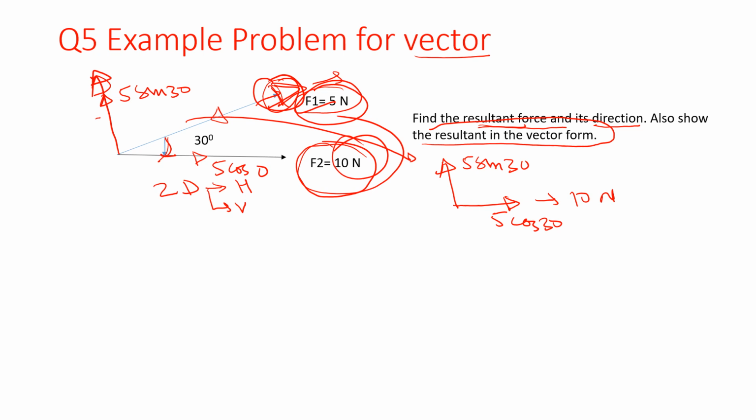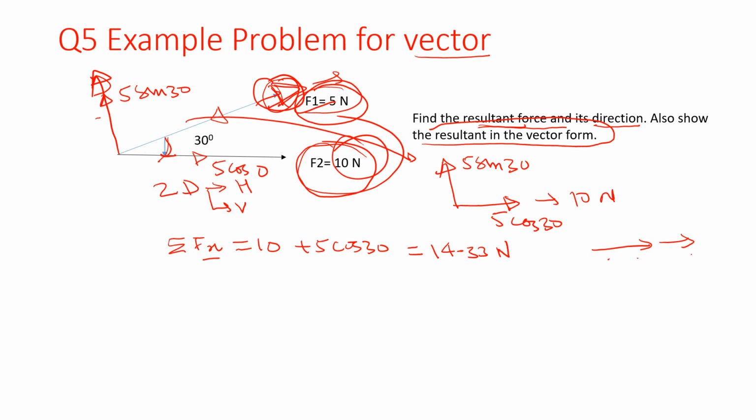Our goal is to use the rectangle law to find the resultant. So try to find the summation of forces in the x direction. When you have forces in the same direction, we can add them up. So it would be 10 plus 5 cosine 30, and if you do the maths, you should get pretty close to 14.33 Newton.